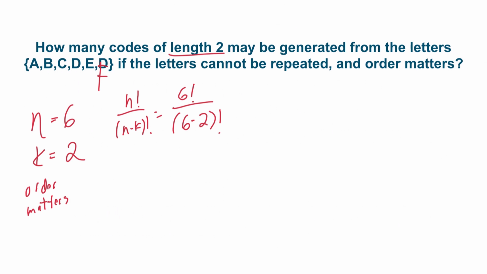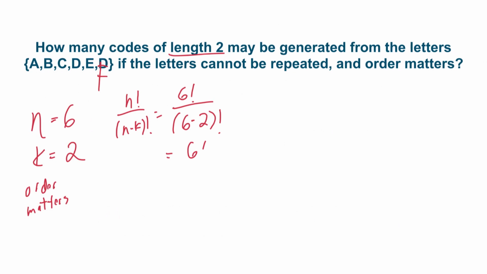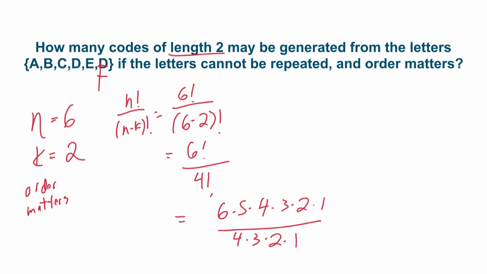And that's simply applying the formula n factorial divided by n minus k factorial. So I have 6 factorial divided by 4 factorial. I'll write out my factorials, cancel what's possible. And I'm ultimately left with just 6 times 5, so 30. 30 possibilities.